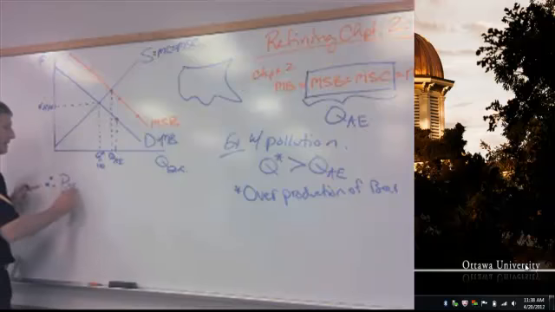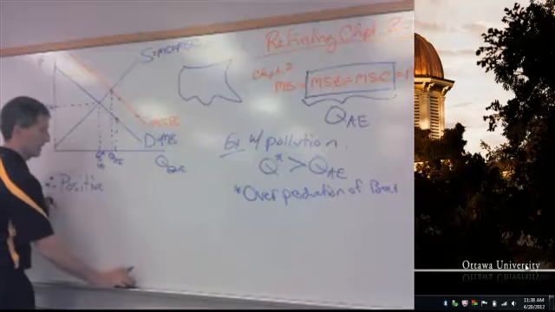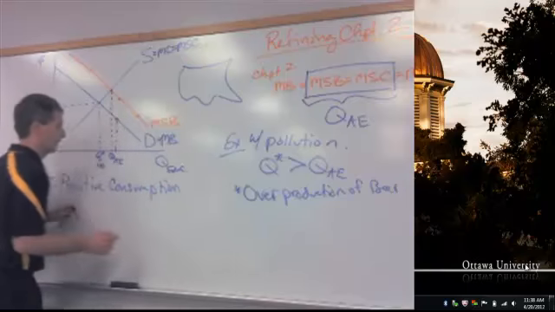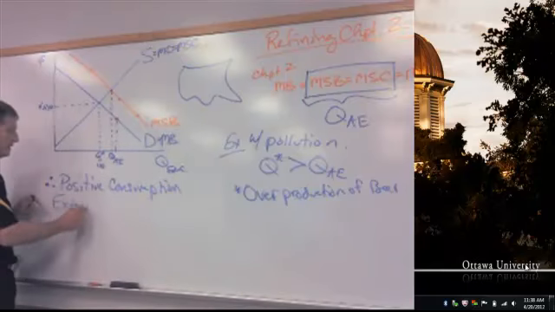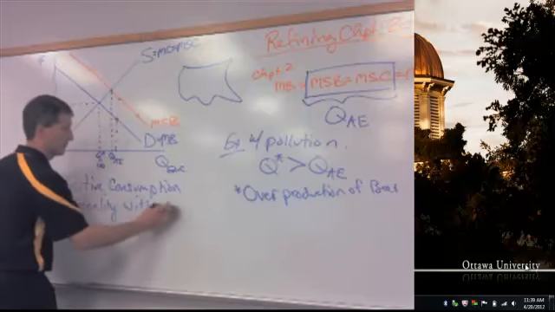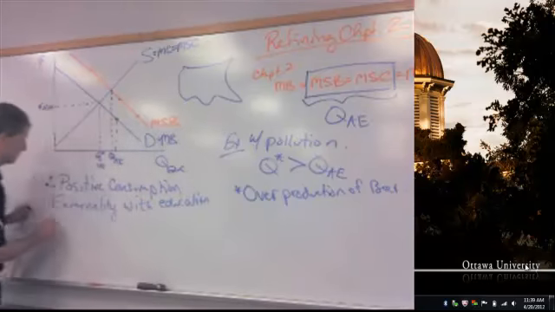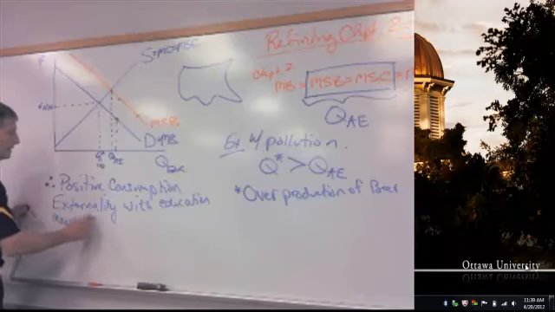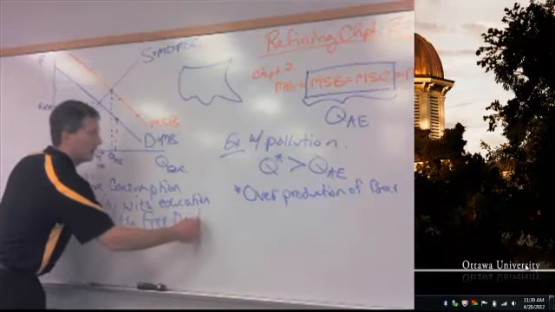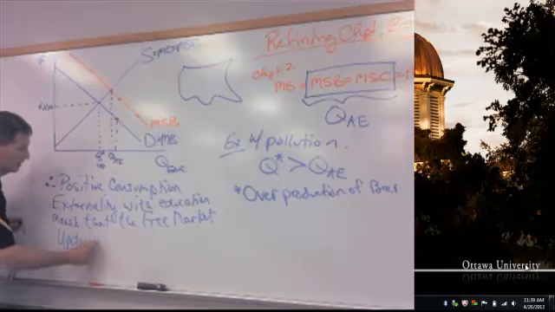So the positive consumption externality with education means that the free market underproduces education.